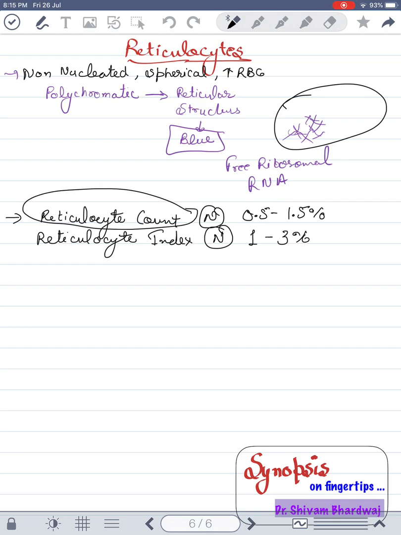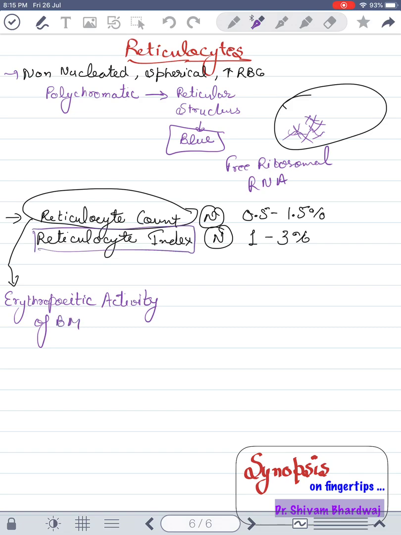Now this reticulocyte count gives the erythropoietic activity of bone marrow, and this reticulocyte index gives the bone marrow activity, and we can call it the poor man's bone marrow aspirate.